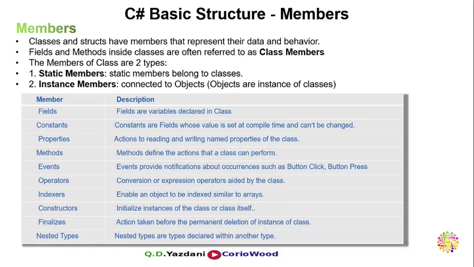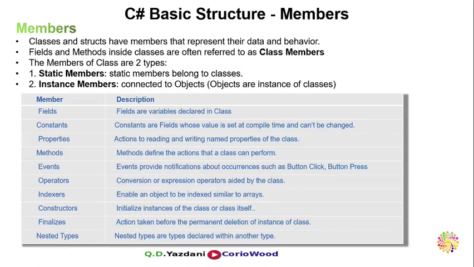A field may be a built-in numeric type or an instance of another type. For example, if you have a class say Time, or a class say Timetable, it may have a field that contains the time, or a field that, for example, has a date.